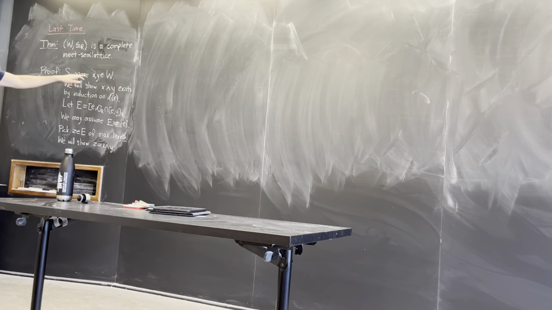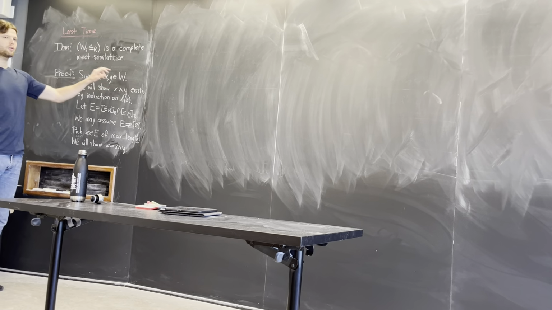So remember, we have two elements x and y in W, and we're trying to show that the meet exists, and we're going to do this by induction on the length. We're going to write capital E for the set of lower bounds of x and y. And we know that e, the identity element, is a lower bound.